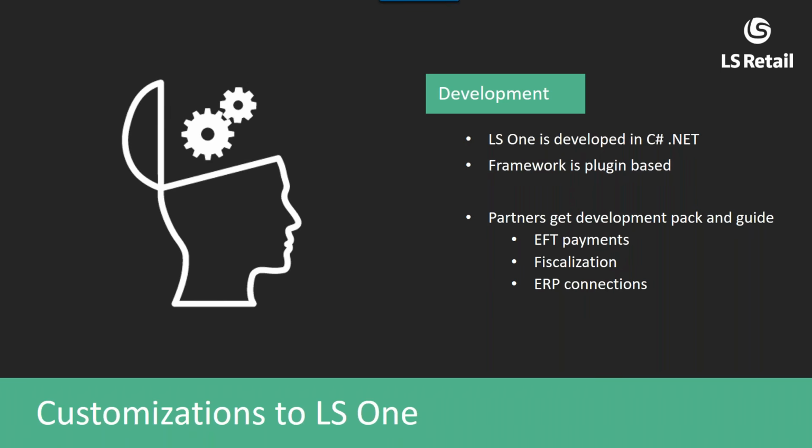So in that way, we can control our back office really easily to be adapted to our customers. And the normal customization our partners are doing are EFT payment integrations, fiscalization for different countries, and connecting LS One to different ERP systems.